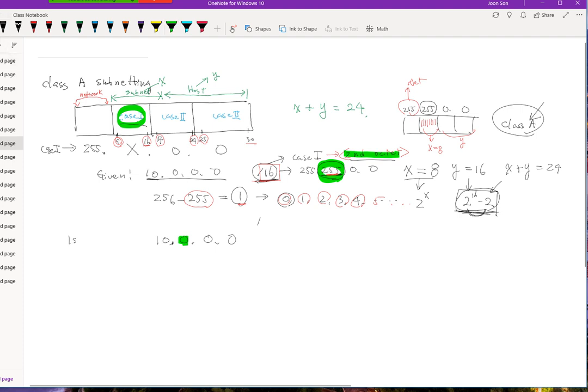This is the first subnet IP address. What is my next one? Any volunteer? My second subnet? 10.1.0.0. Thank you so much.